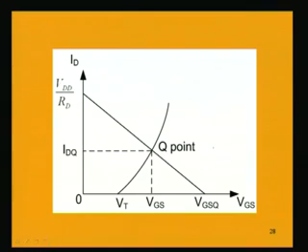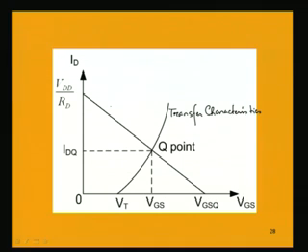This is the transfer characteristic, and this straight line is the line for the circuit, describing the network.